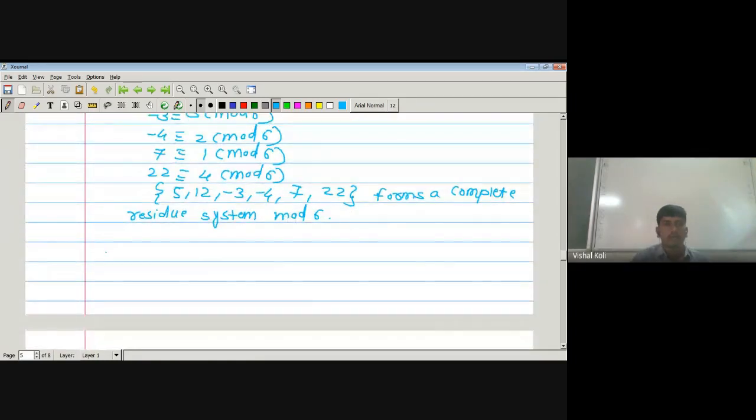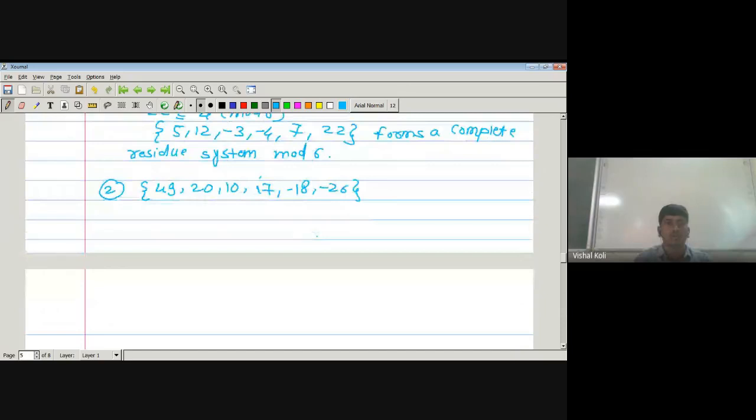The second one is the set which contains 49, 20, 10, 17, minus 18, and minus 26. Here also n is equal to 6.